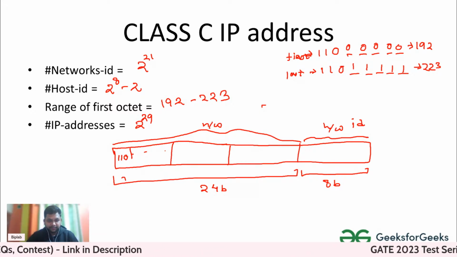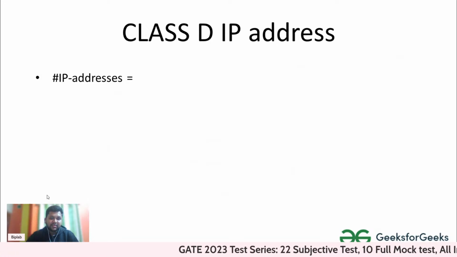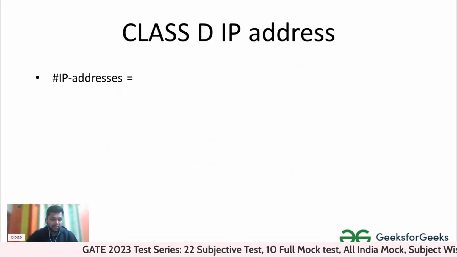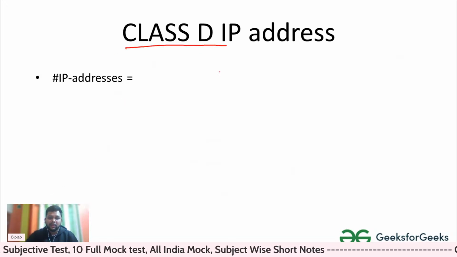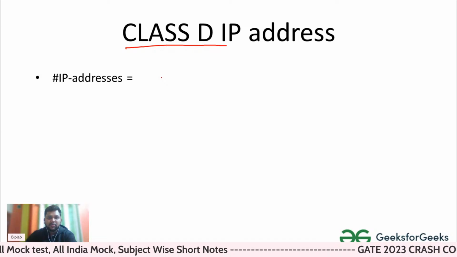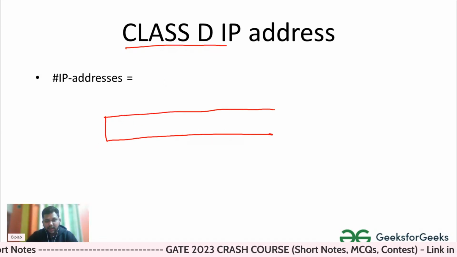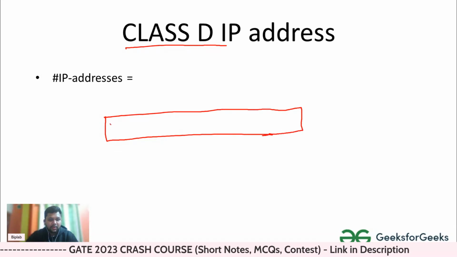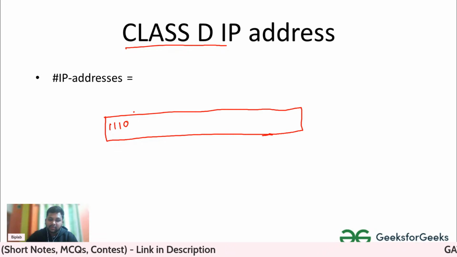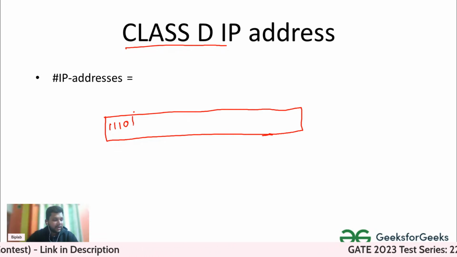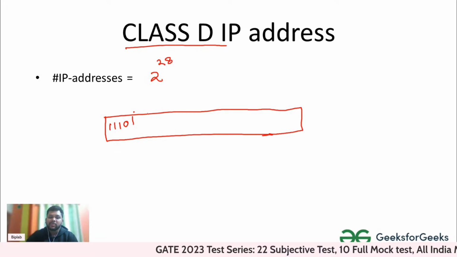Now class D and class E are actually used only for special purposes, reserved for uses like the Navy and Army. So we don't have any network and host division here, but you can calculate the number of IP addresses. In class D the first 3 bits are 1 and the fourth bit is 0, so 4 bits are fixed and you can have 2 to the power 28 possible IP addresses.